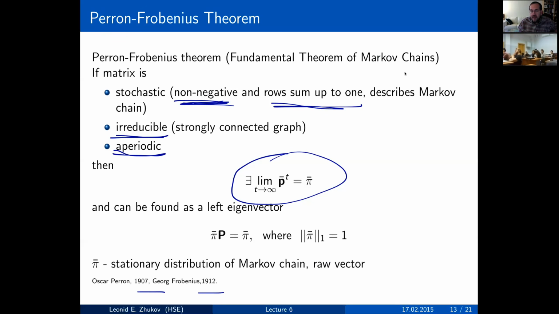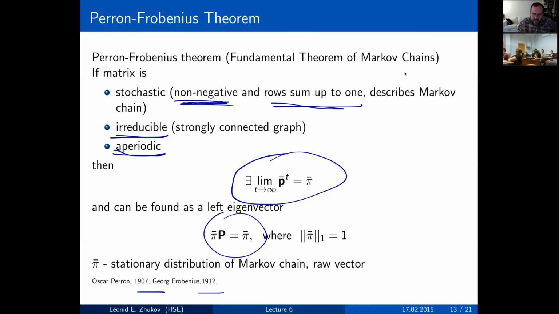And what's very important, it can be found as a solution of an eigenvector problem, where the largest eigenvalue, lambda, is equal to 1. And it can be solved. And P is a stationary distribution of the Markov chain.